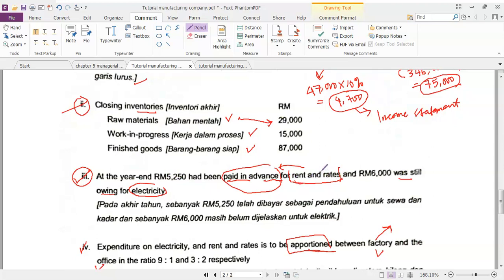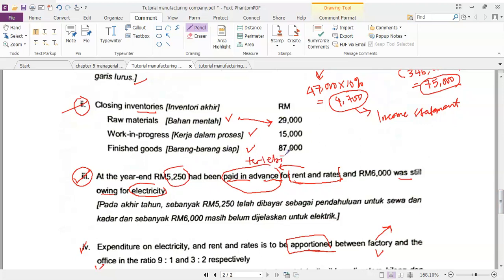It means that, untuk tahun tersebut, for the current year, the 5250 amount is not for the current year, it's for the next year. So if you find paid in advance, maknanya terlebih bayar.